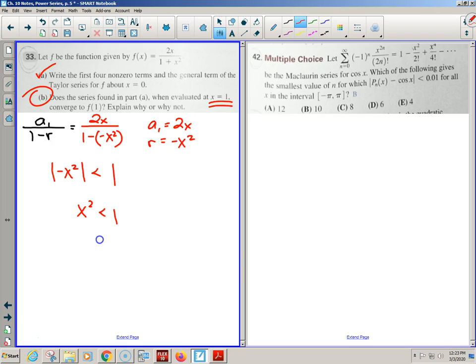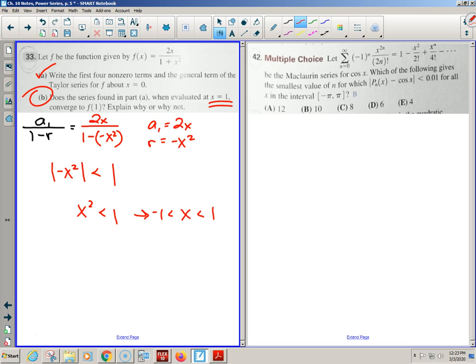Now that has me thinking about plus or minus square roots, which actually leads me to x needing to be between negative 1 and 1. The crazy thing about geoseries, though, Jacob, is that it cannot be at or equal to 1 or negative 1, meaning the ratio. So even though everywhere in between is good, at 1 itself, convergence will not be held. At 1, this series will diverge. At negative 1, this series will diverge because it's not within the interval of convergence.